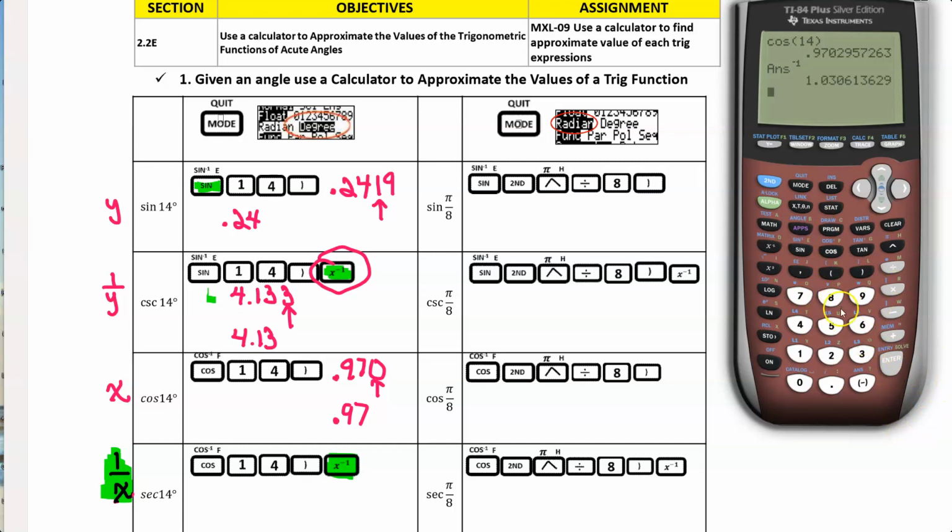Or I can do the whole thing again. This would be cosine 14, close it, reciprocal, and it's the same answer. This would be 1.030. The 0 says leave the 3 as is, and my answer would be 1.03.